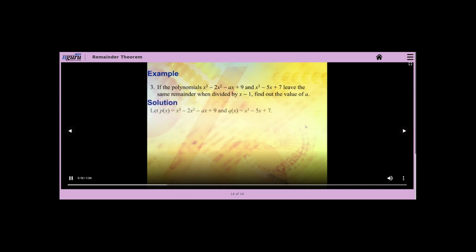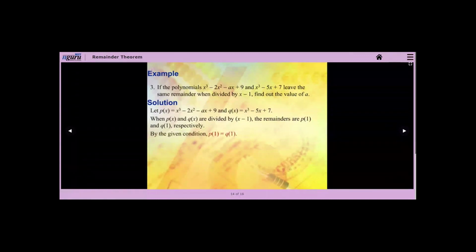Value of a. Let's see who is correct. Let p of x and q of x be the given polynomials. When p of x and q of x are divided by x minus 1, we get the remainders p of 1 and q of 1 respectively.